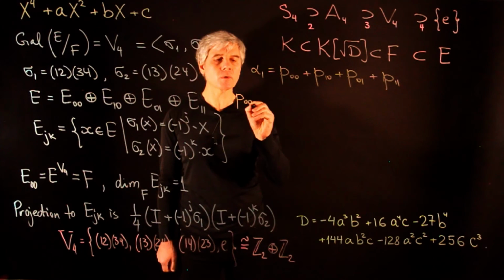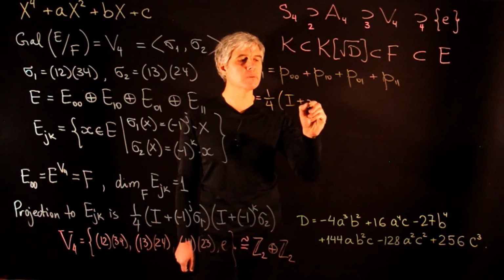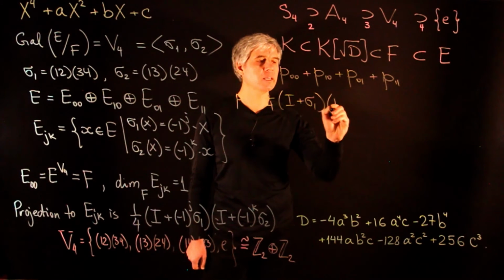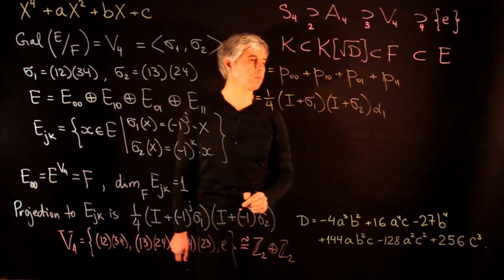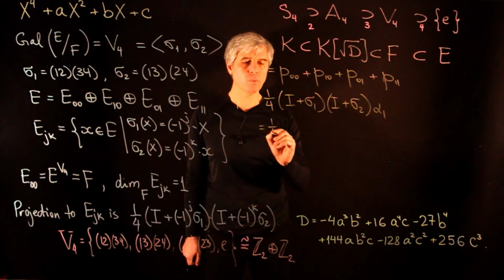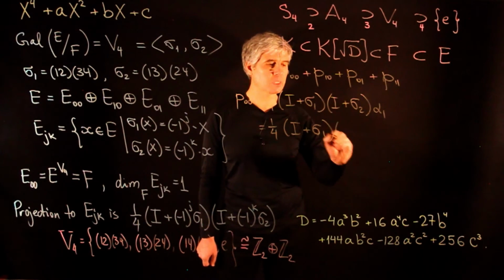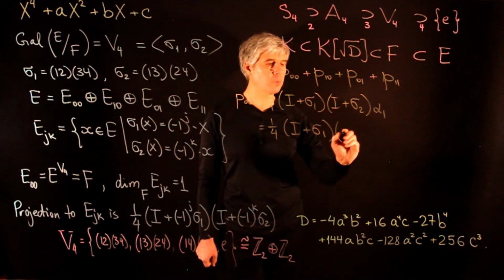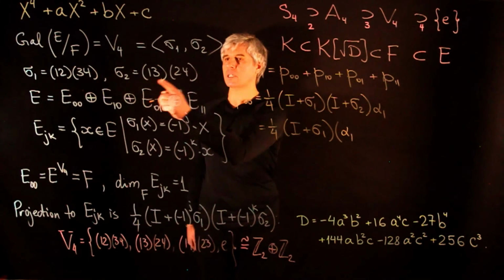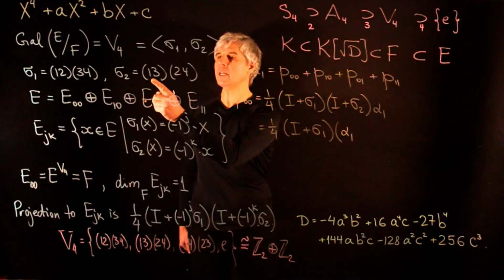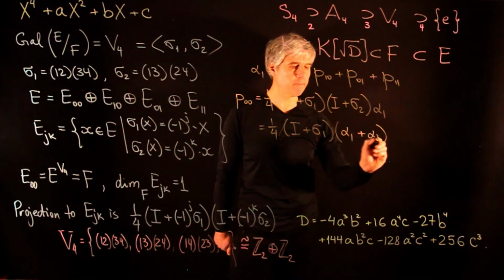So P00 is equal to 1/4 of identity plus sigma 1 times identity plus sigma 2 applied to alpha 1. Well, identity applied to alpha 1 is alpha 1, and sigma 2, which is this permutation, applied to alpha 1 will give us alpha 3. So we get alpha 1 plus alpha 3.